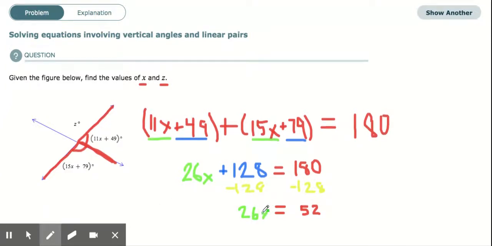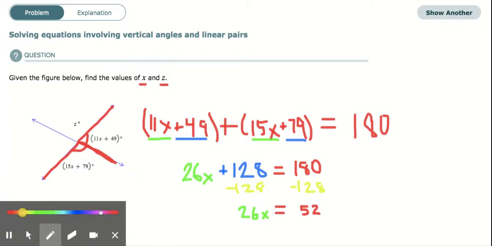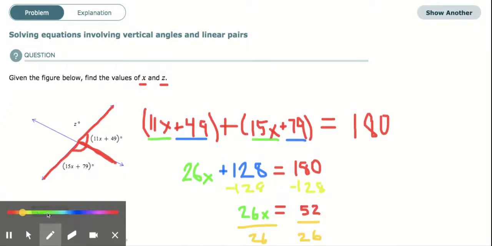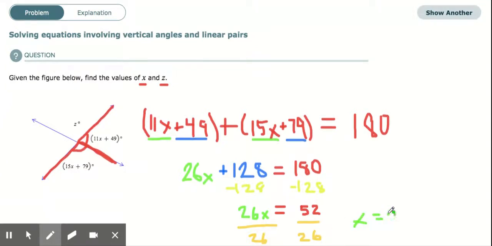Hey, that's very pretty, because when I divide both of those things by 26, 52 divided by 26, well, 52 is double of 26. So my x value just equals 2. So that's part 1, because I've solved for x. X equals 2. Now I need to solve for z, right?